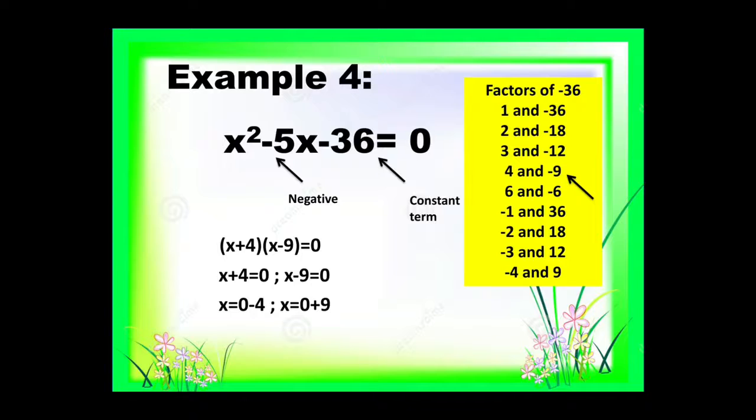In transposing, do not forget to change the sign. So we have x is equal to 0 minus 4, and the other one is x is equal to 0 plus 9. This will give us the result of negative 4 and 9. So, the roots of x squared minus 5x minus 36 equals 0 are negative 4 and positive 9.